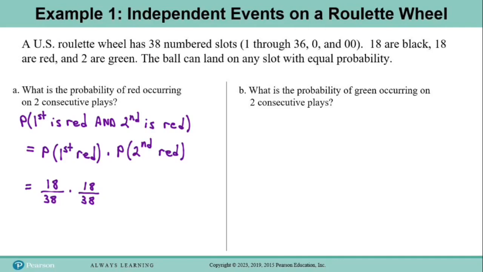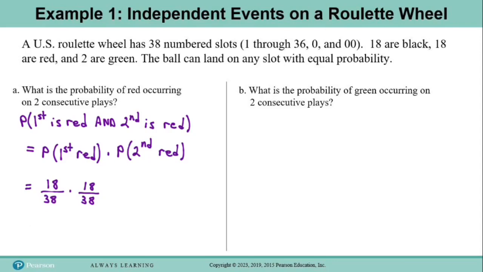If you want it in fraction form, use your fraction key instead of your divide key. And that's what I'm going to do here. But read your instructions in MyLab, because sometimes they may ask for the probability in a fraction form, and sometimes they may ask for it in decimal form. On these examples, I will give you both the fraction and the decimal. But you know how to use the fraction to decimal button on your calculator, so you can convert between the two forms anytime you need to.